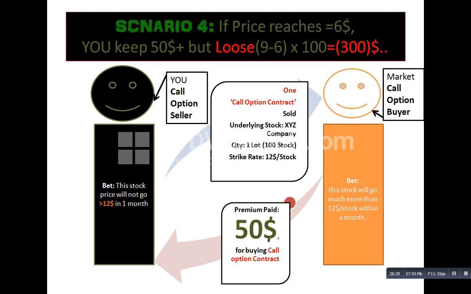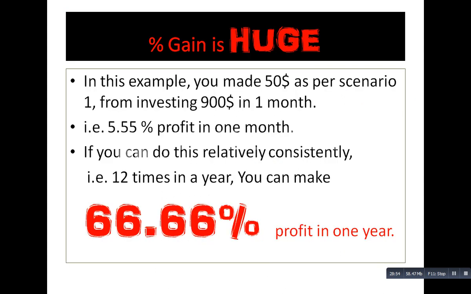However, if you have a stable and long-term stock, usually these risks are contained and much more manageable compared to other risks. So let's go ahead. Now, the point is the gain to you is huge, right? In this example, you made $50 from investing $900 in 1 month, which is 5.55% in 1 month.